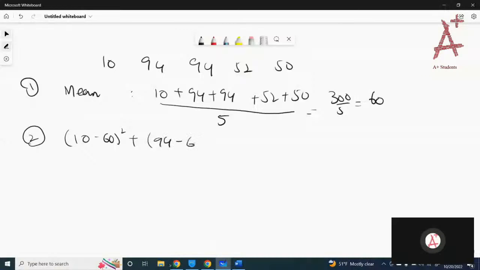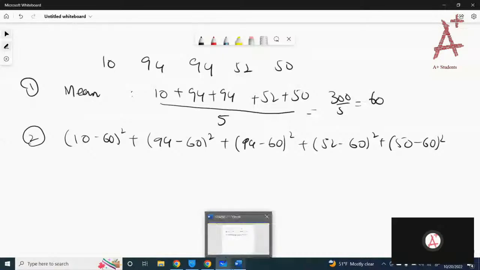That is 10 minus 60 squared plus 94 minus 60 squared plus 94 minus 60 squared plus 52 minus 60 squared plus 50 minus 60 squared. Got it? So 10 minus 60 is negative 50, and 50 squared is 2500.